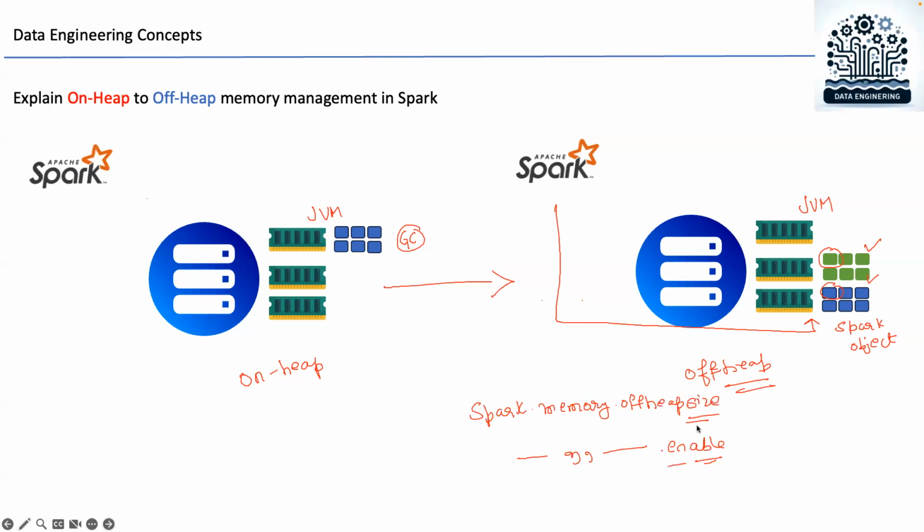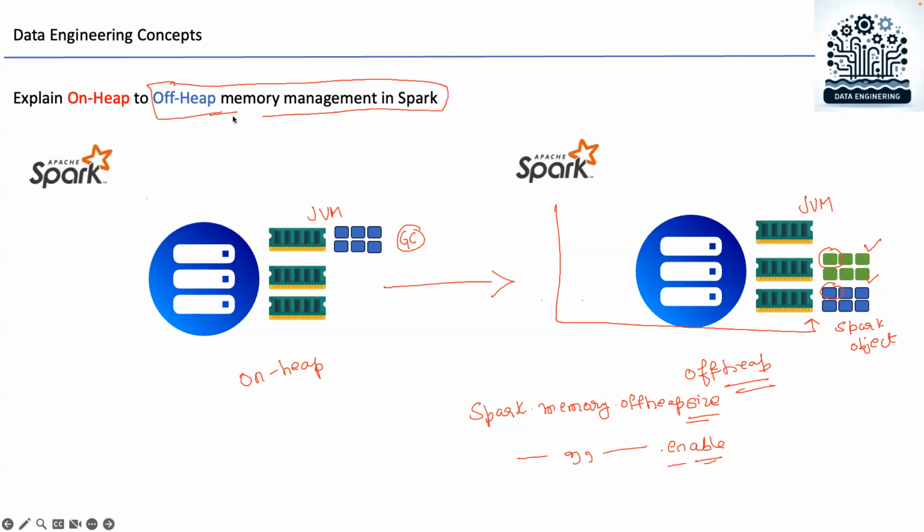Now, once you have understood this concept of on heap and off heap, let me relate this to a very easy concept in Spark. Everyone has heard the term Tungsten optimizer in Spark. What exactly does Tungsten do? It's off heap memory management.